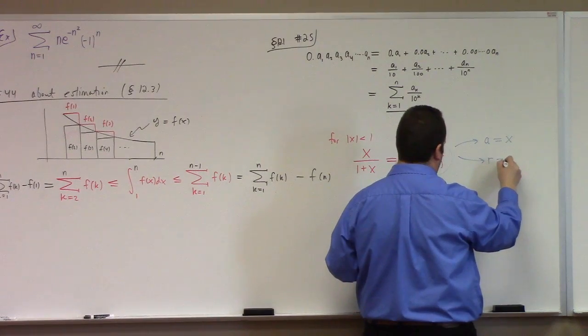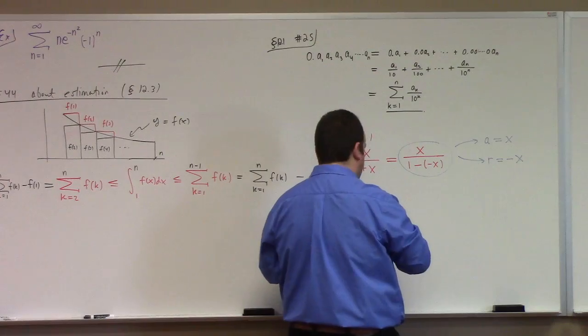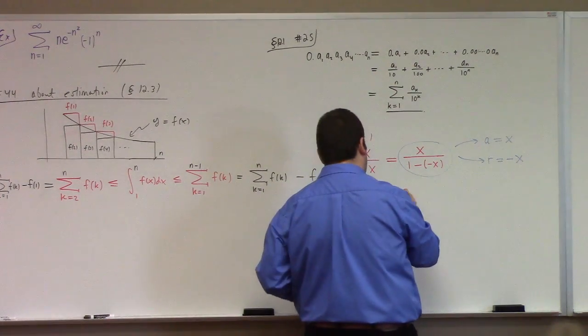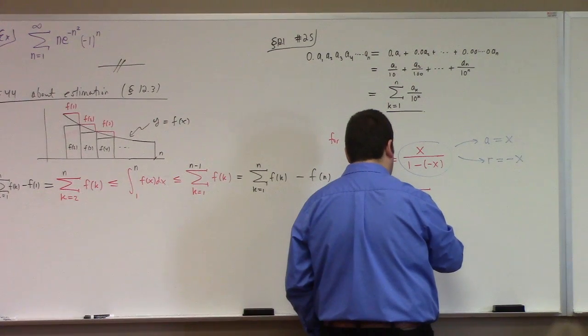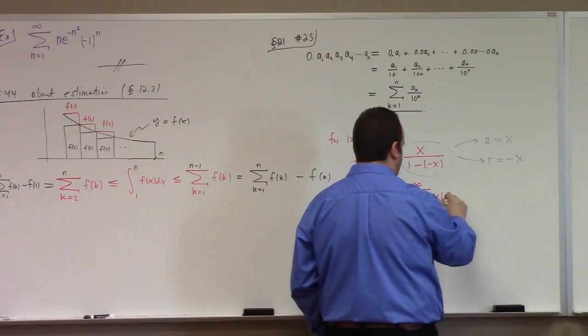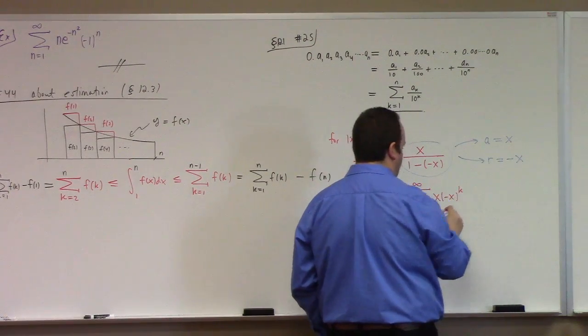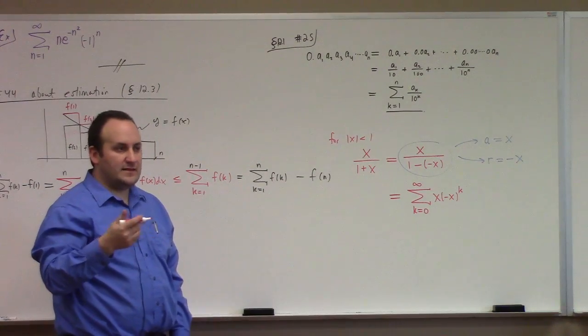Negative x, yeah. So if we want to rewrite this as a series, it's just straight up the sum, k equals 0 to infinity, of x times (minus x) to the k-th power. And I can clean that up a little bit.